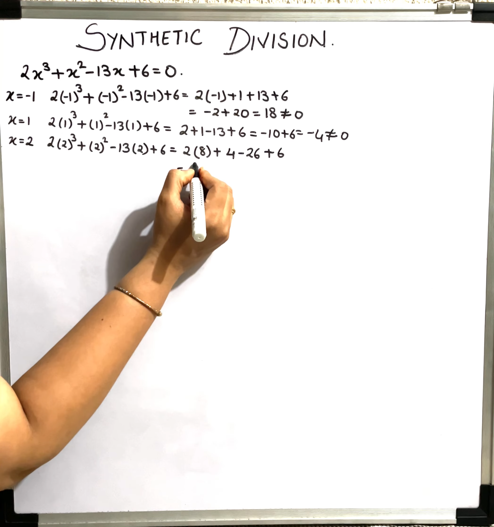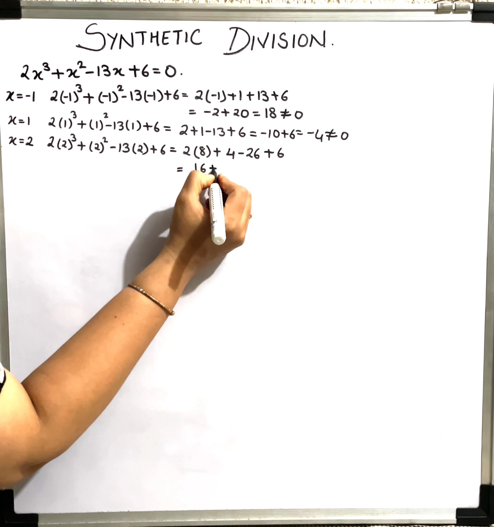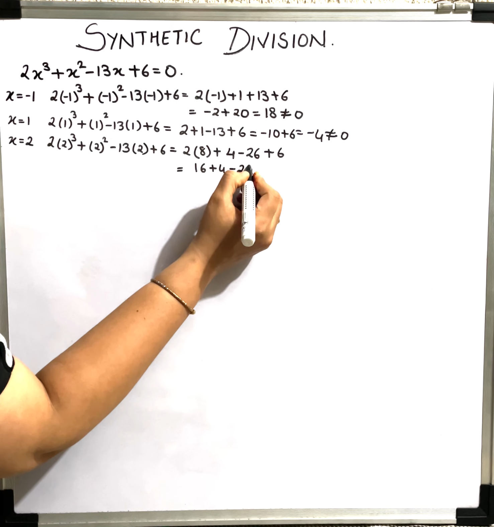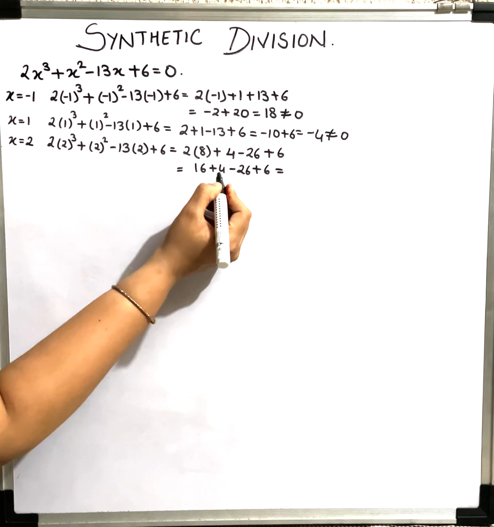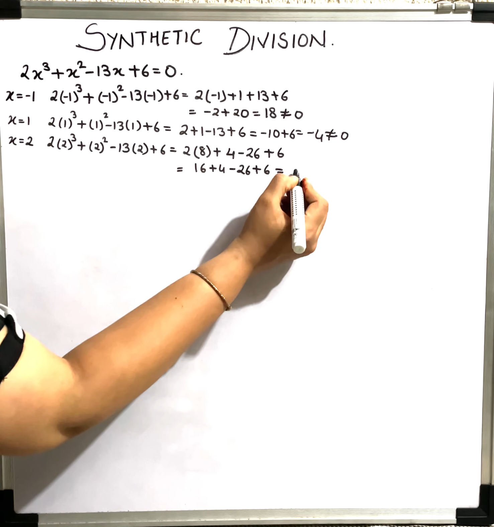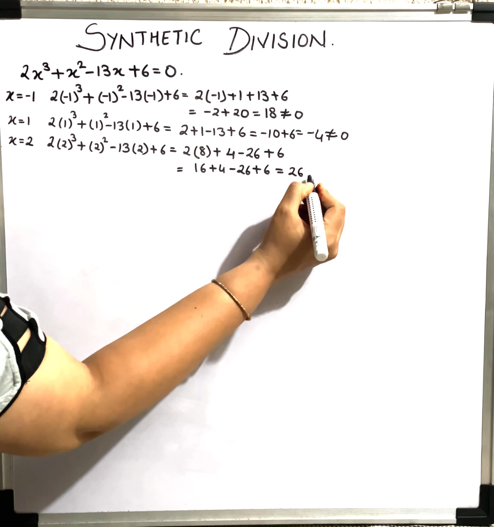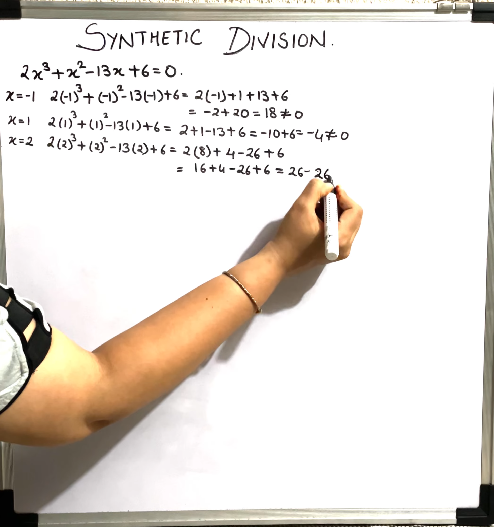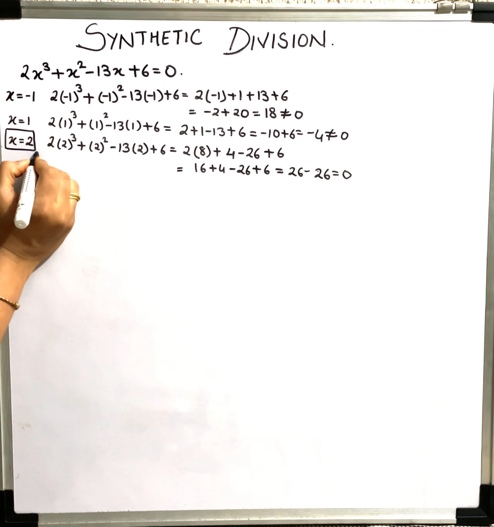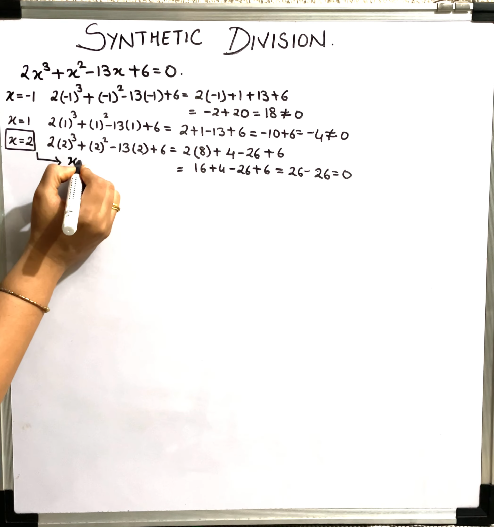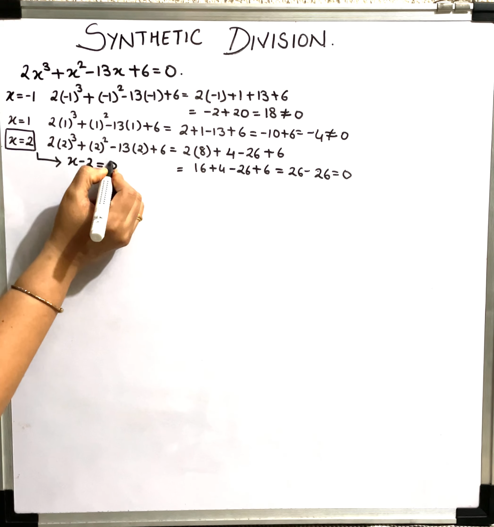Evaluating this, 2 8s are 16, plus 4, minus 26, plus 6, which is 16 plus 4 is 20, 20 plus 6 is 26, and minus 26 comes out to be equal to 0. As soon as I get a 0, I stop with my trial and error method, as I've got my first factor of the cubic equation as 2. You can even write it as x minus 2 is equal to 0.